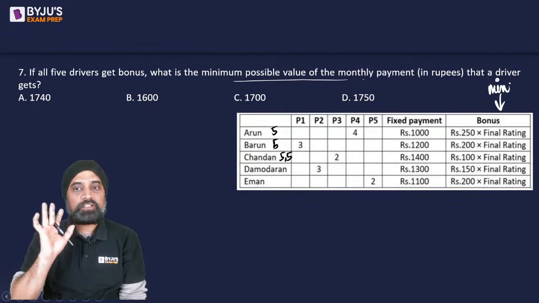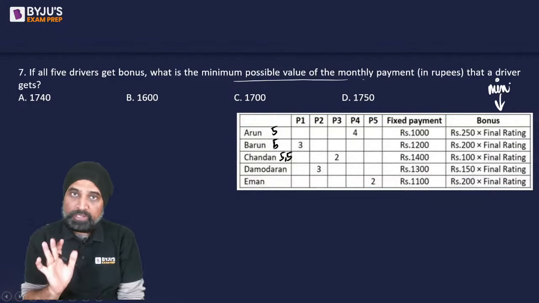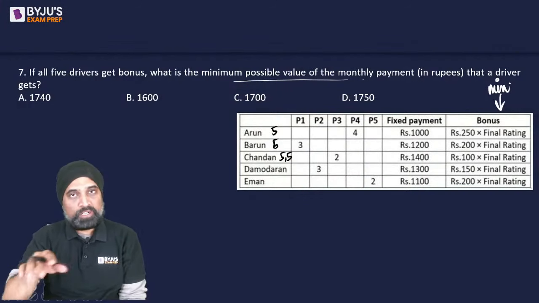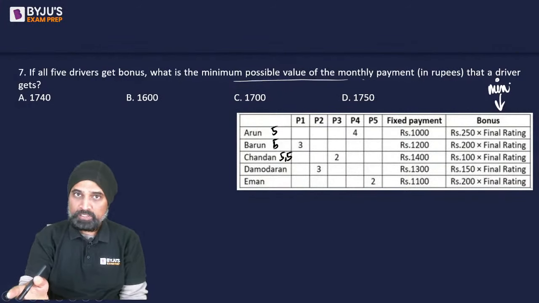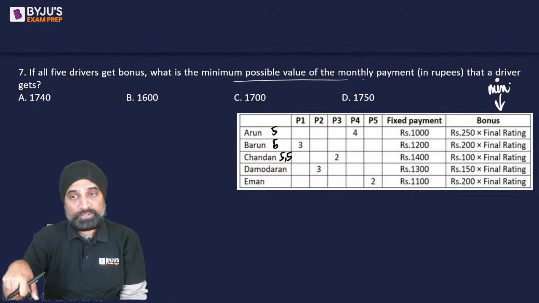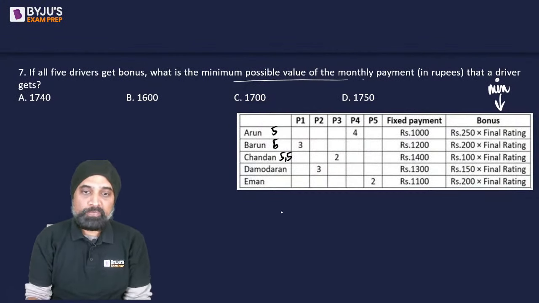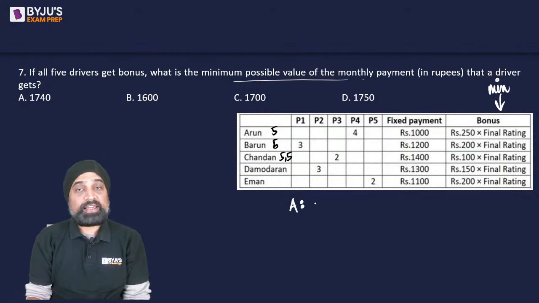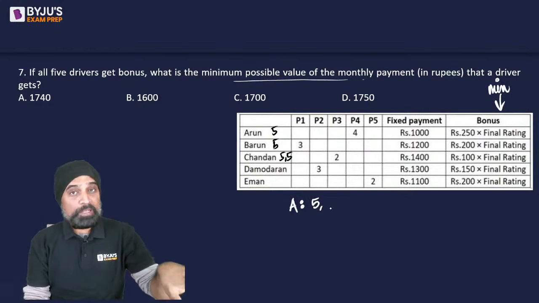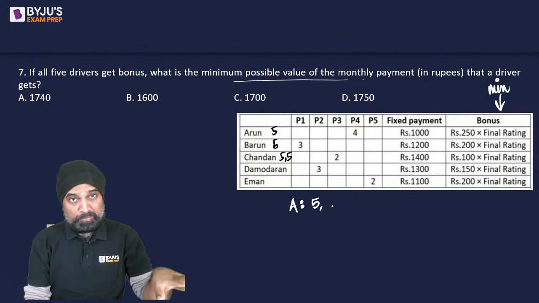The fixed payment is fixed, because we can't really do anything about it. Bonus multiplier, those numbers 250, 200, 100, we can't change that as well. We can only change the bonus part, the variable component, right? So one by one. A gets a 5, and we need to make his monthly payment minimum, as in his final rating should be minimum.